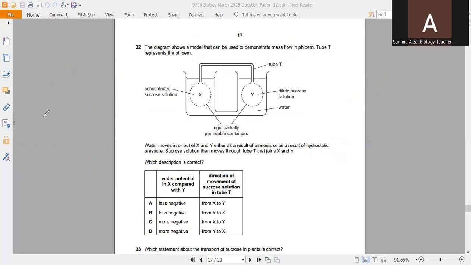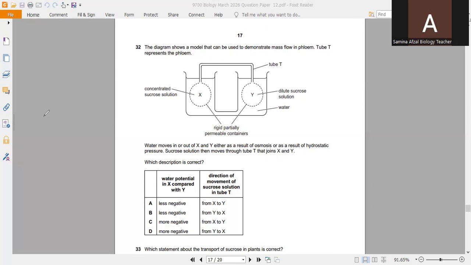You can see X has the concentrated sucrose solution and Y has dilute sucrose solution, and in the beaker you can see the rigid partially permeable container. So tube T will join X and Y. Water moves in and out of X and Y either as a result of osmosis or as a result of hydrostatic pressure. Sucrose solution then moves through the T that joins X and Y.